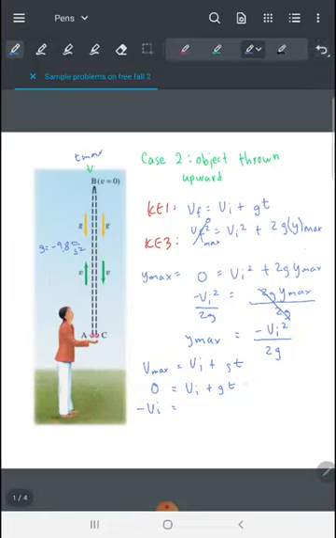Or transpose, tulad ng alam mo. Transpose to the left, magiging negative siya. Negative VI equals GT. How do you isolate the maximum time? Divide both sides by G. So, G, cancel. That's your formula. Tmax is equal to negative VI over G. Remember, to get the total time from A to B to C, you just multiply the Tmax by 2. Sige, mag-solve.